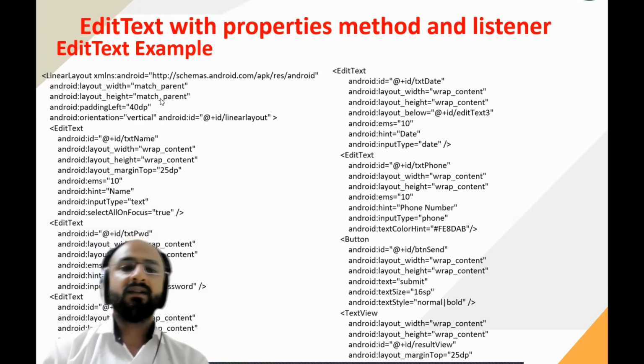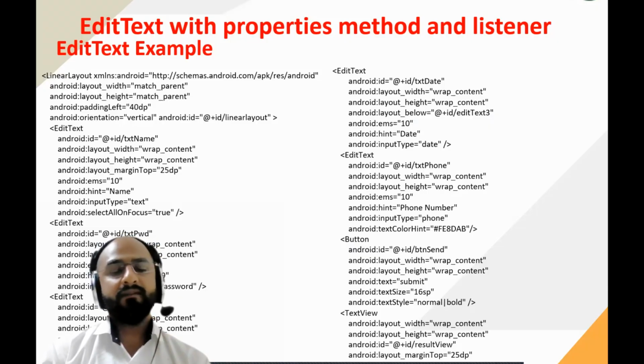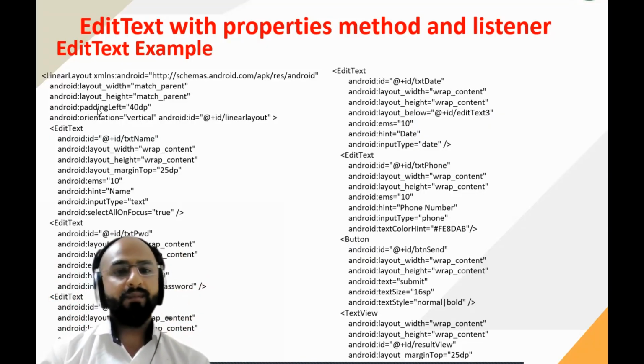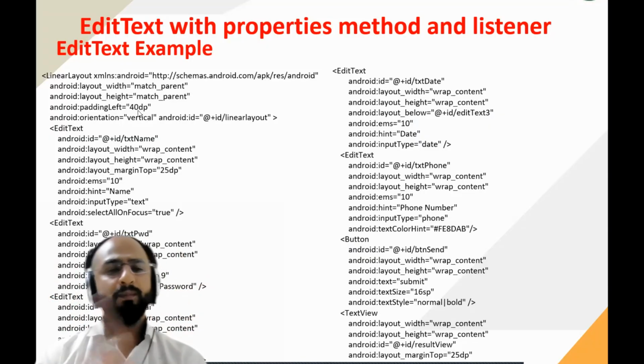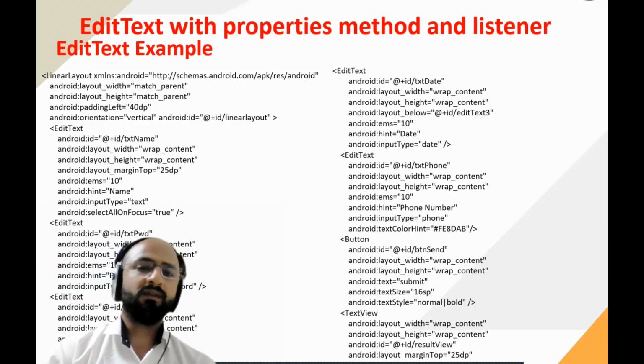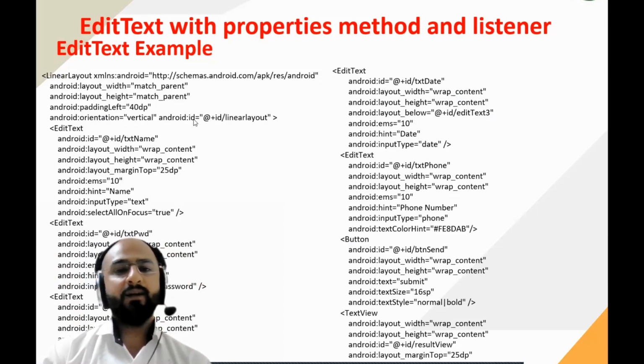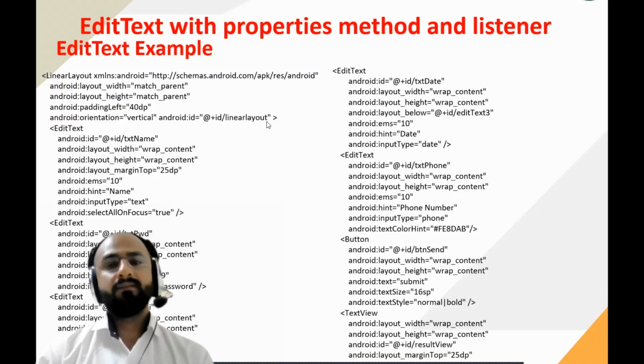It means that this LinearLayout is available for the whole screen. Then I have taken paddingLeft 40dp, so you can provide padding in the layout too, and orientation vertical. I have also provided an id to the layout: android:id equal to @id/linearLayout.